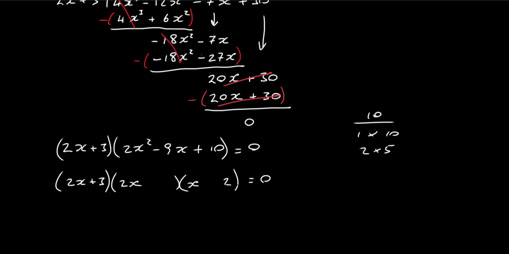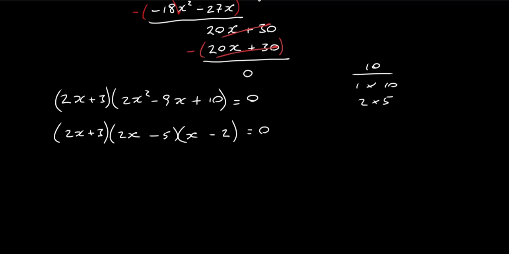If I put a 2 here and a 5 here, I'll get a 4 here, I'll get a 5 here. That'll give me my 9 here. Now I want to multiply 5 by 2 to give me a plus 10. That means the signs have to be the same. Because I have a minus here, it's going to be minus times minus. So you can see here we have our three factors and we can't factorize them any further.